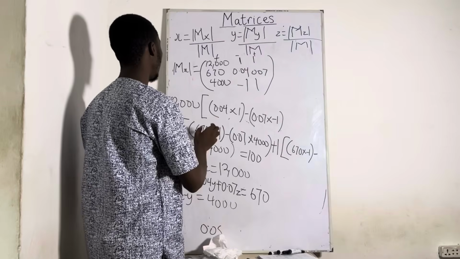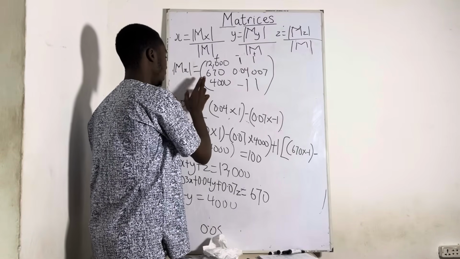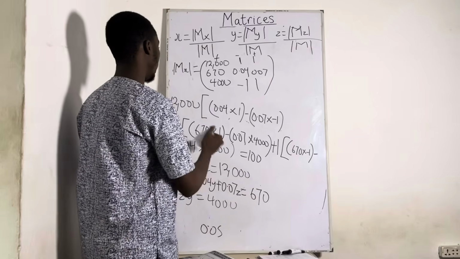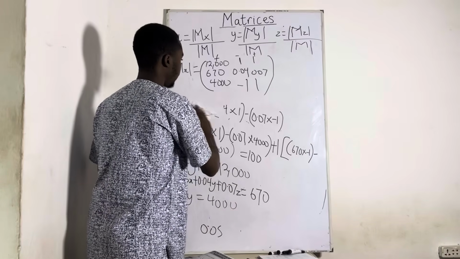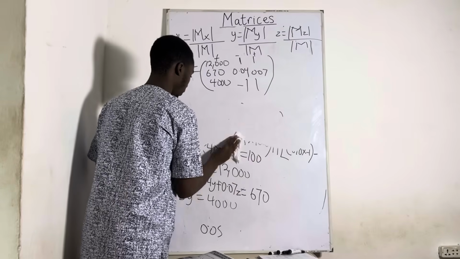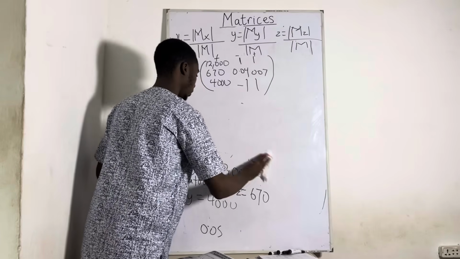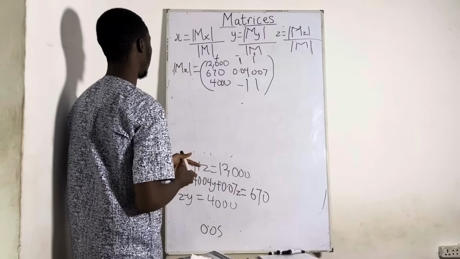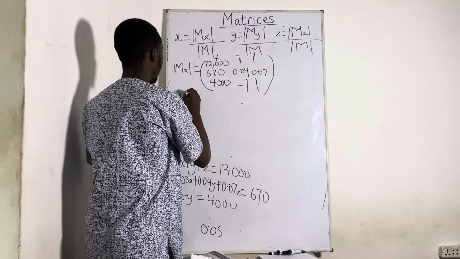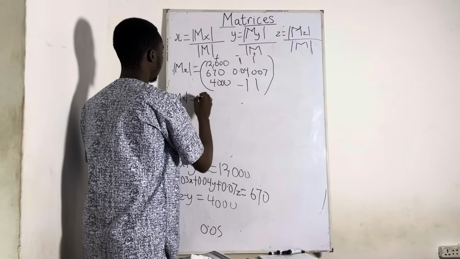So it means our determinant for the matrix X, which is our MX, is 100. Get it? So let me clean the solution since you've already got the answer. So our MX is 100.